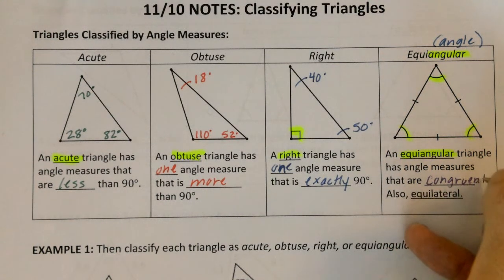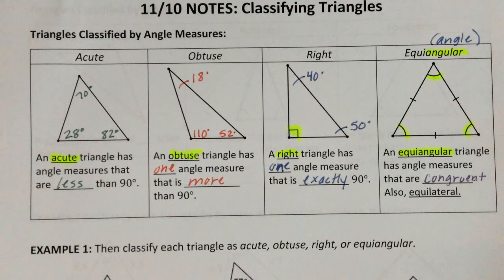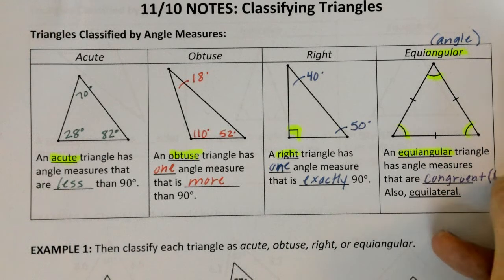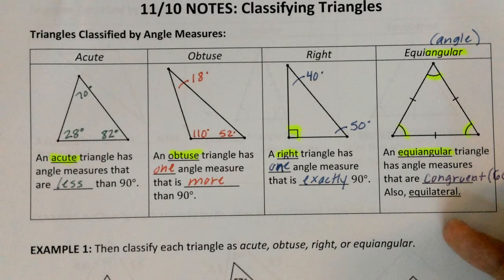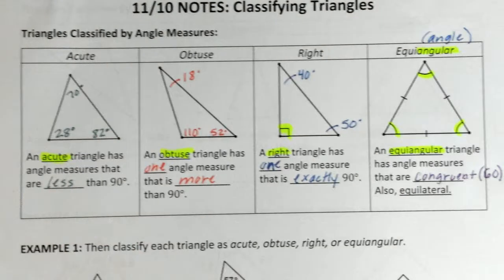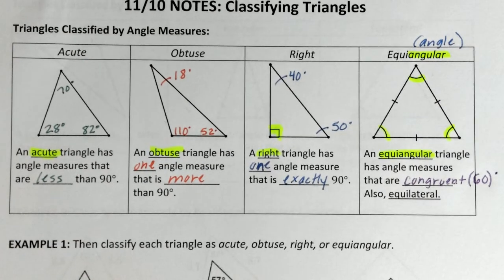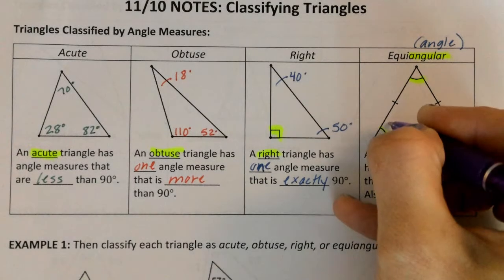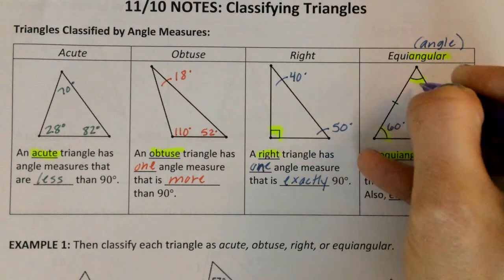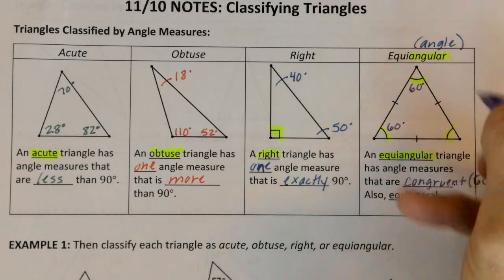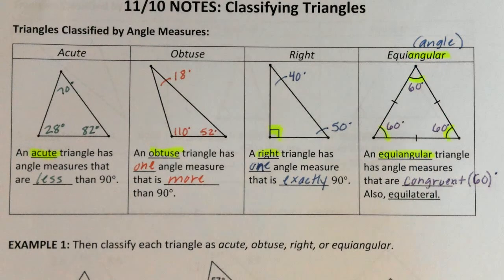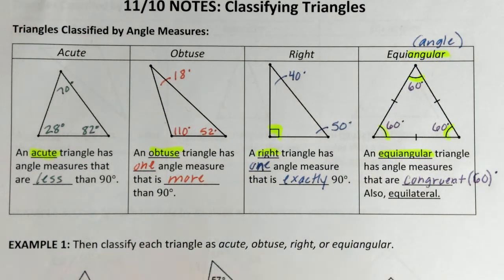See if my purple pen will last. Good. They're all going to be congruent. And there is a set number, 60 degrees. In every single equiangular triangle, all three angles are automatically 60 degrees so that it can follow the triangle sum theorem that we'll talk about in another set of notes, all adding to 180.